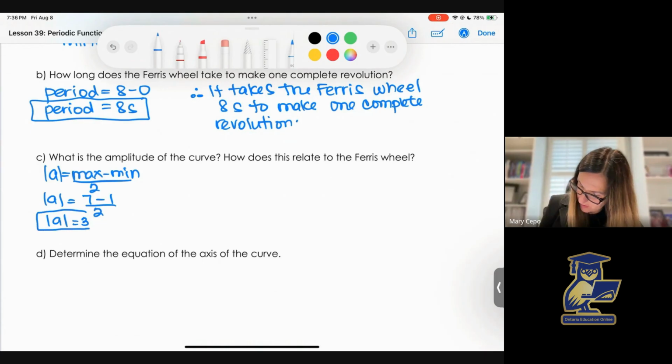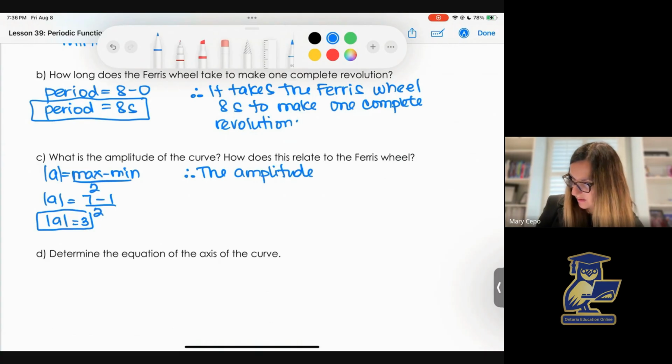So what is the amplitude? Therefore, the amplitude is 3 meters, and how does it relate to the Ferris wheel?